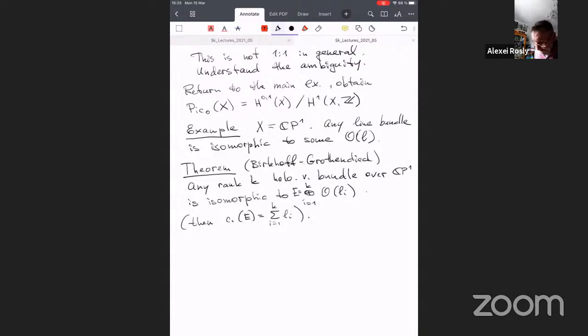All right, let us look at the deformations of holomorphic bundles over the space CP1. In the case of line bundles, what are deformations?